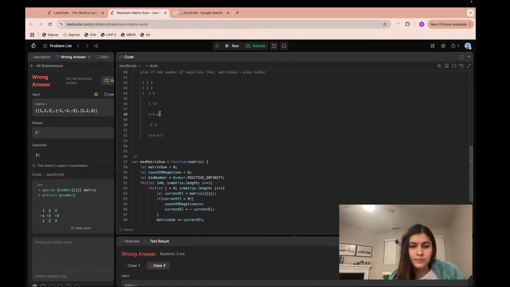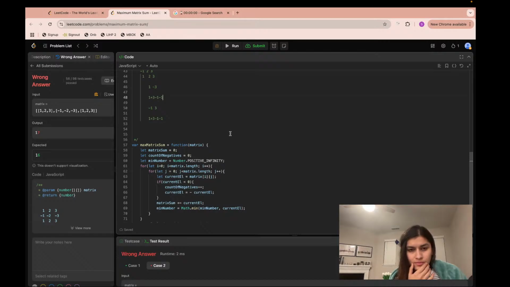And here it should be 1 plus 3 minus 1. Here as well, I think. Right? Because 1 plus 3 minus 1 will lead to 3, but I need to do -1 as well. So I need to do -1 again. I need to subtract it again.